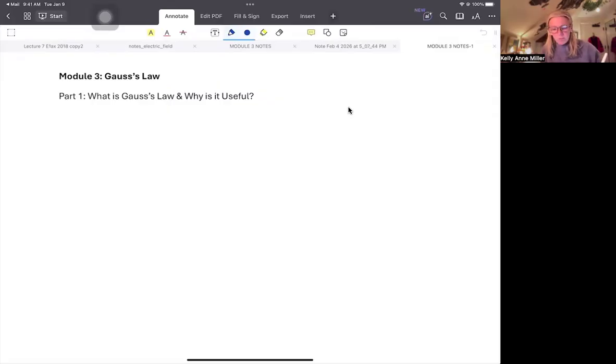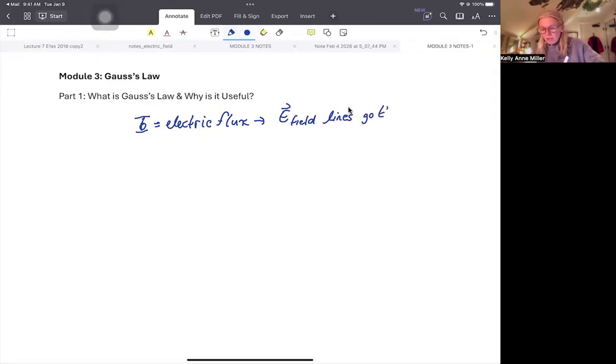So we're relating the electric flux. Remember, this is the symbol for electric flux. It allows us to relate the electric flux, which is basically how many electric field lines go through a closed surface, to the net charge that is trapped within that surface that you're using for the flux.